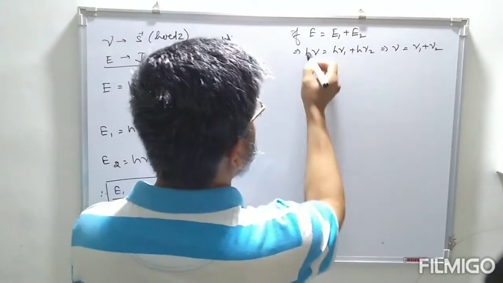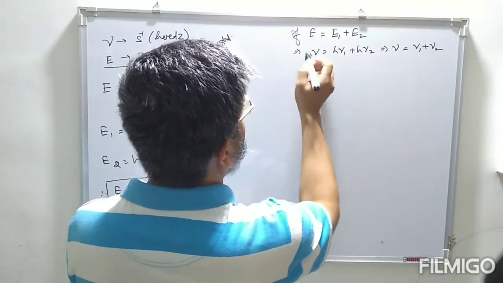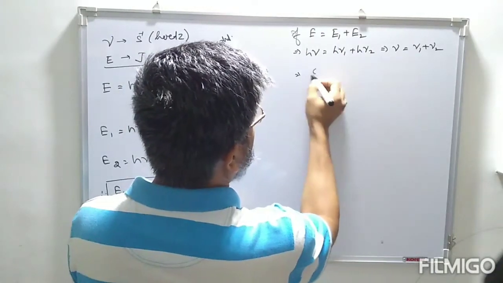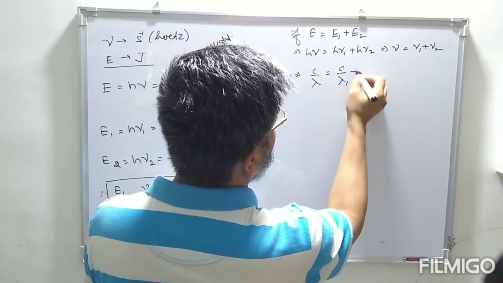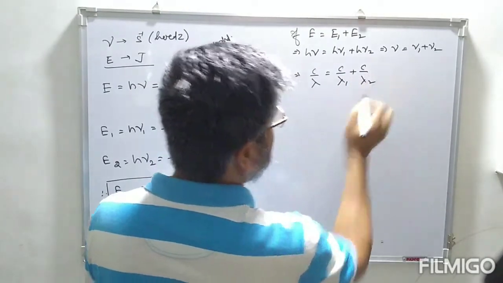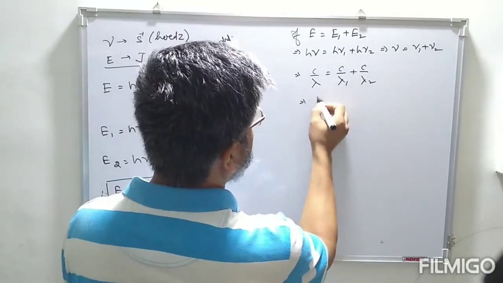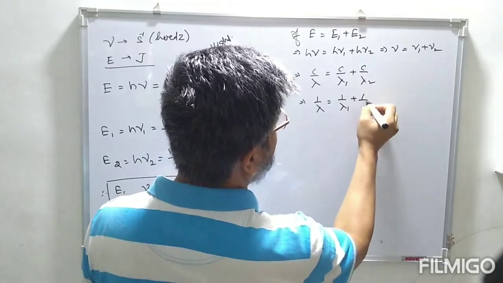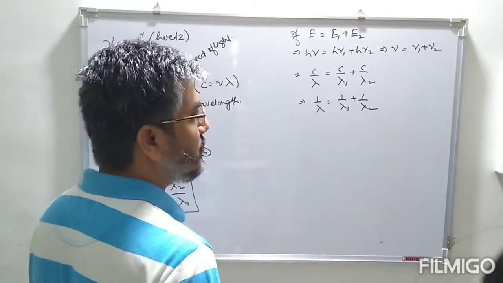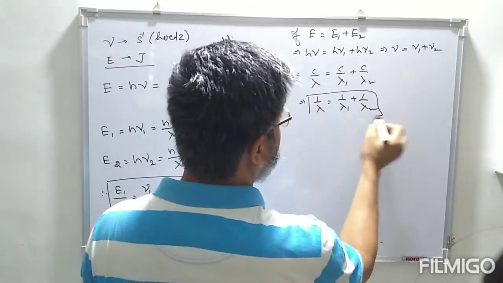Or in terms of wavelength, you can say c by lambda is equal to c by lambda 1 plus c by lambda 2. Or we can say 1 by lambda is equal to 1 by lambda 1 plus 1 by lambda 2. This is the relation between wavelengths.